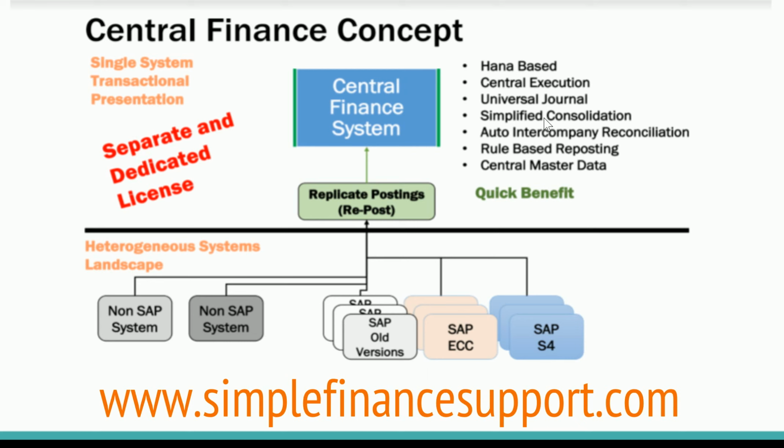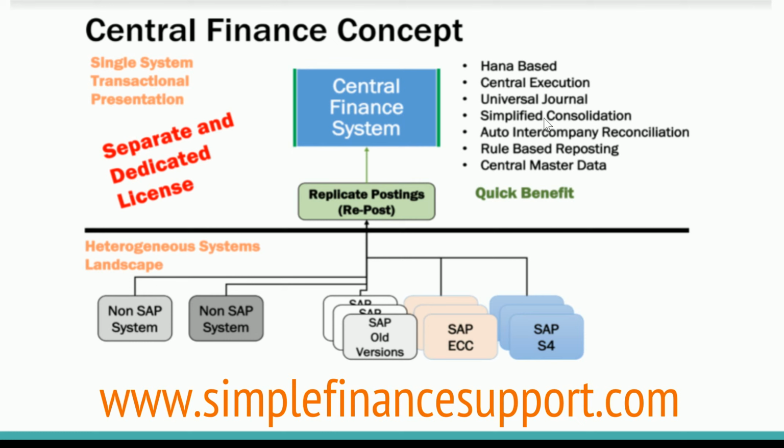Again, it may not perform all the consolidation activities that usually the consolidation system does, but in a way it will achieve quick and simplified consolidation of entries from all other non-SAP and SAP systems into the central level, and then from there you can work on your much required consolidation such as eliminations and all that. And also you can build intercompany eliminations based on your use case scenario.